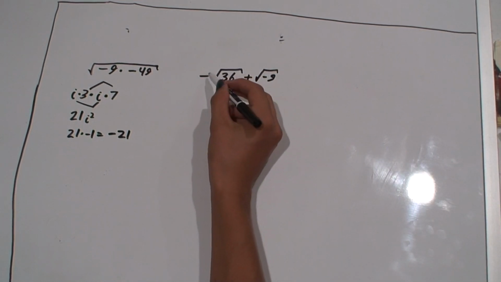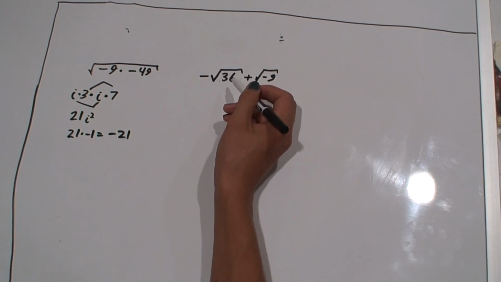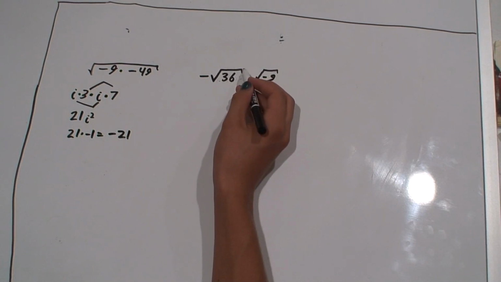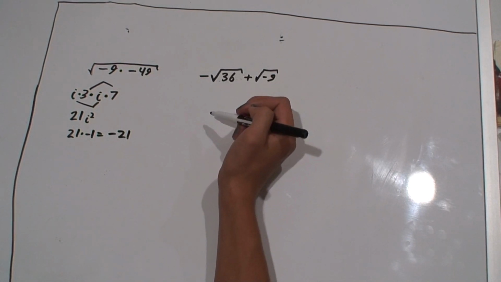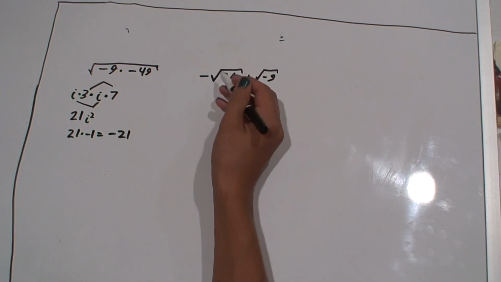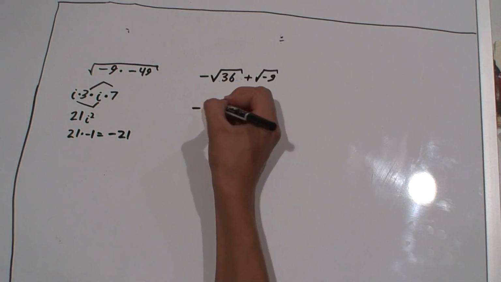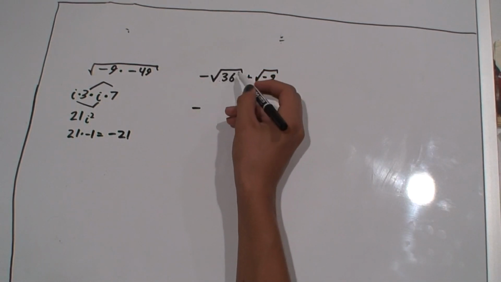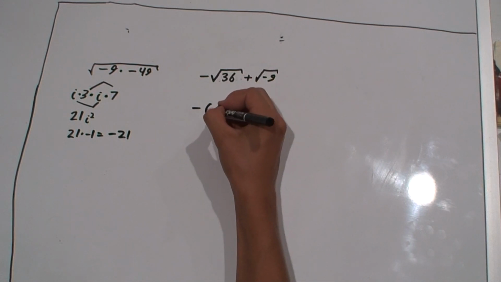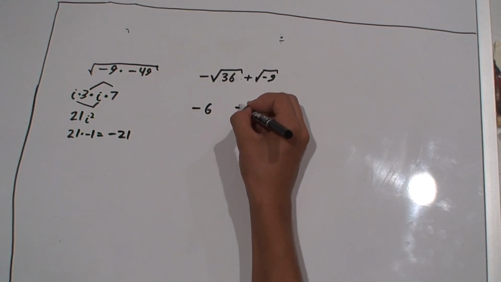Now, since this is on the outside of the square root symbol, also called a radical, it doesn't affect what's in there, so that can just stay out there. We know that the square root of 36 is 6, so that would be -6. Add on.